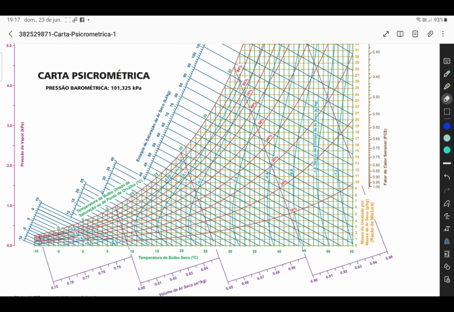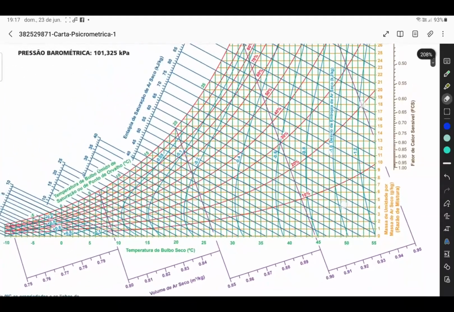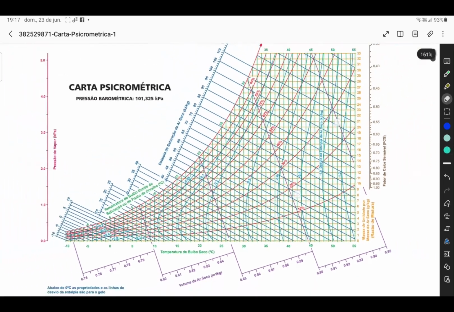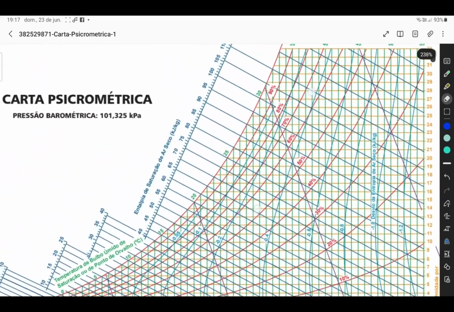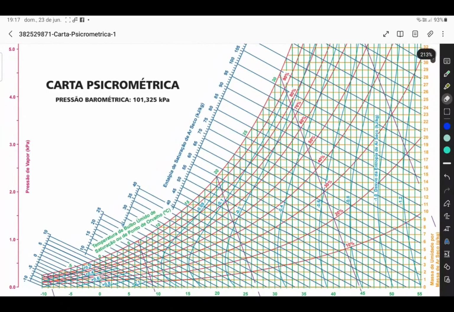Repeating this once again, what data do we have here in the psychrometric chart? We have the dry bulb temperature. The dry bulb temperature is what we measure with a common thermometer. Wet bulb temperature is a temperature that we measure using a thermometer whose bulb is wrapped in cotton, for example, moist.